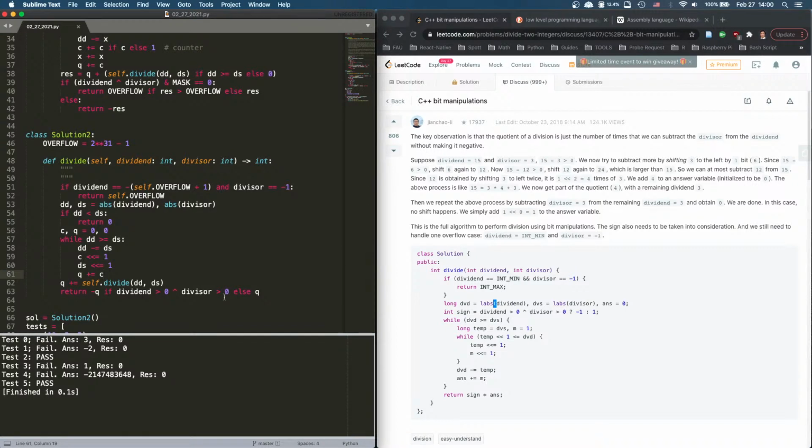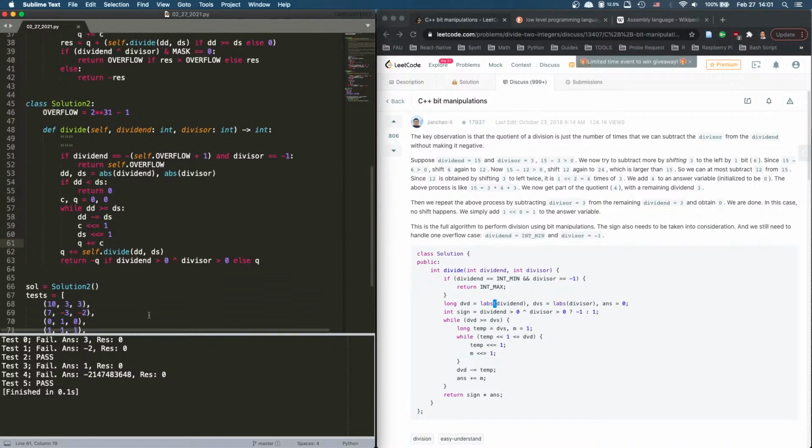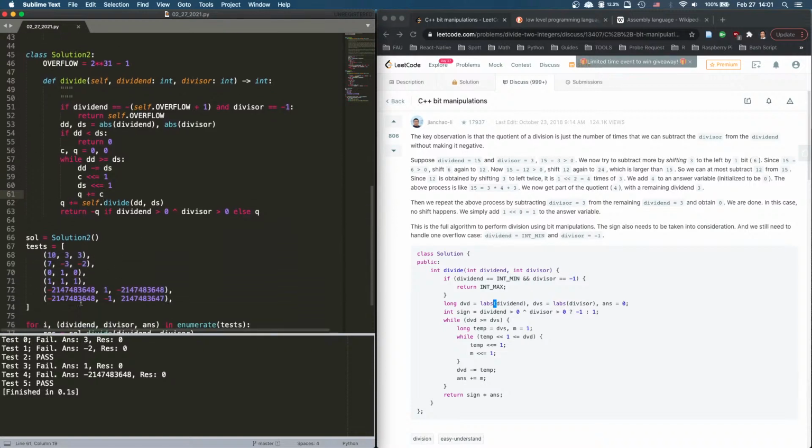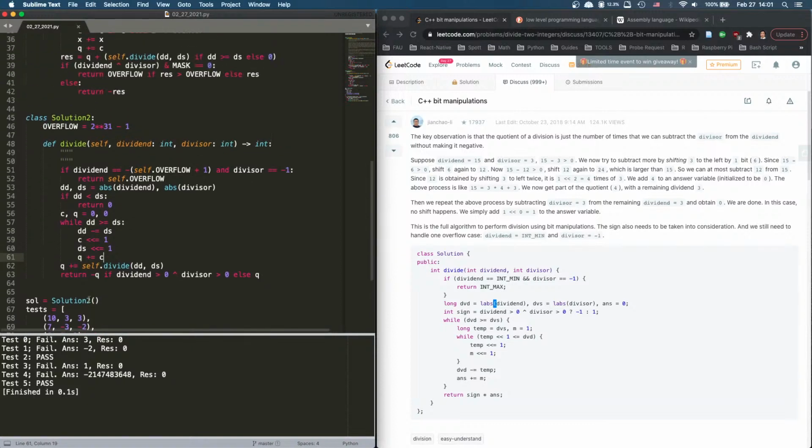Let me see. This should be right. And this should be okay. We pass on test 0, 1, 2, and we pass on this because these are the special cases. We fail on the first one.